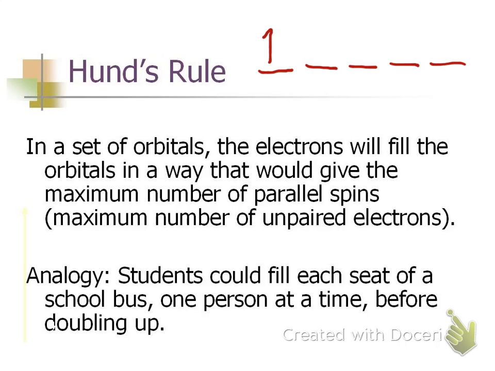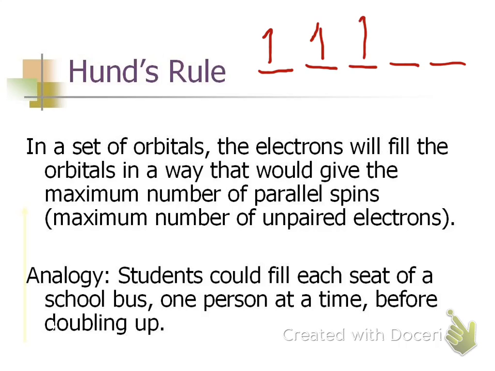So the second one has to go here. So he comes in and he goes, okay, there I am. I'm happy. Hund's Rule would say, no. Once the first one comes in with the positive spin, you have to come in with the positive spin as well. Okay? That's what Hund's Rule says. You have to be the same spin. Turns out they have to be parallel to each other.